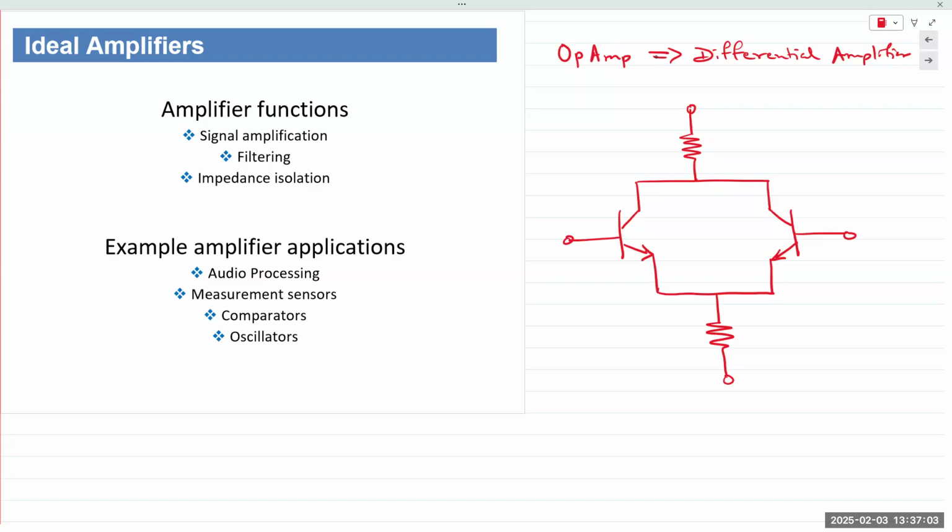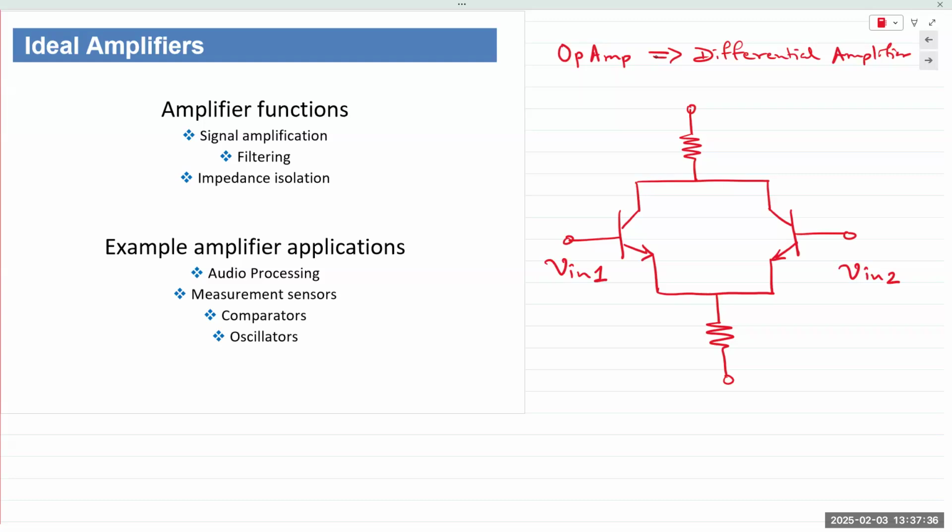In the BJT amplifiers that we saw, the common emitter CE amplifier, we had the input signal being applied to the base, right? The CE amplifier, we had one single input. That input was being applied to the base of the transistor. In a differential amplifier, you have two transistors and you apply an input to the base of both. Thus, you now have a two input amplifier.